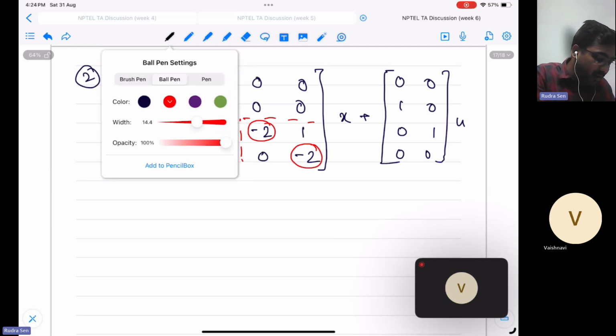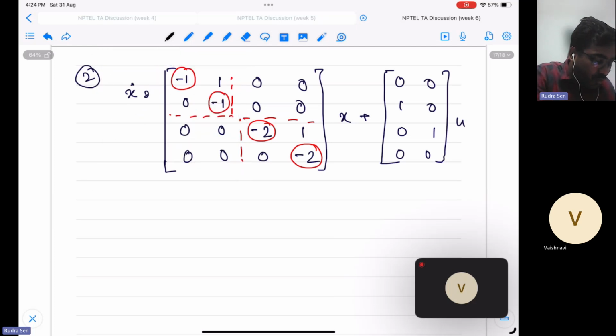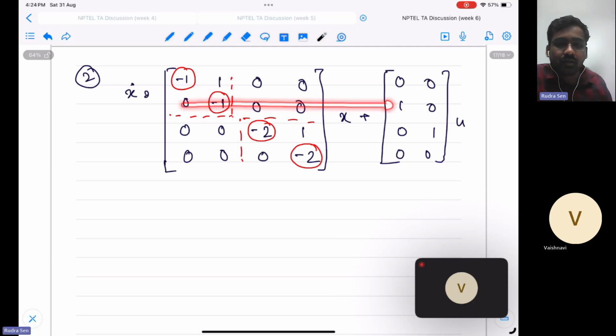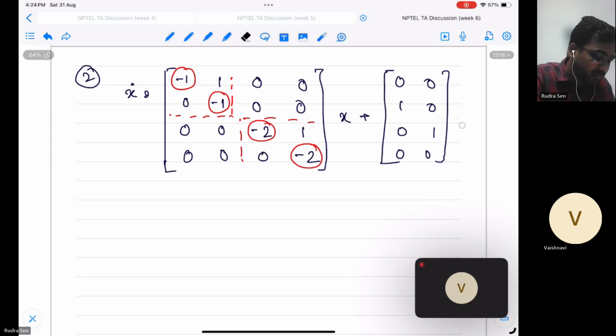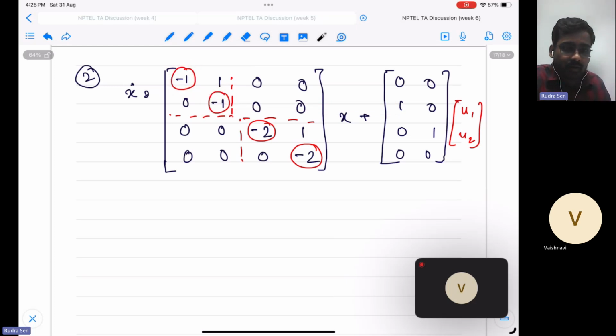So what Gilbert says is that corresponding to the last row, there exists at least one non-zero input. That means these two states are controllable. We can control these two states.